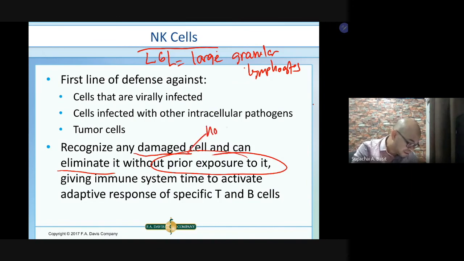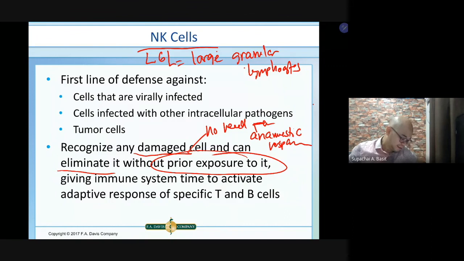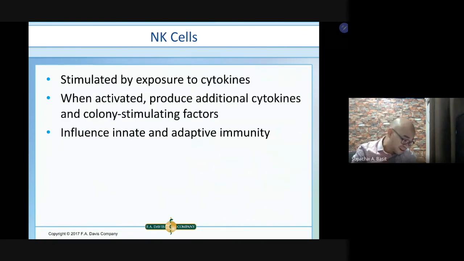So there's no need for an anamnestic response. It will buy us time to activate our T cells and B cells. So they really help our immune system, the natural killer cells. That's how important they are.